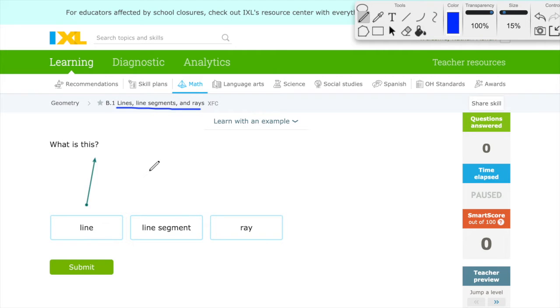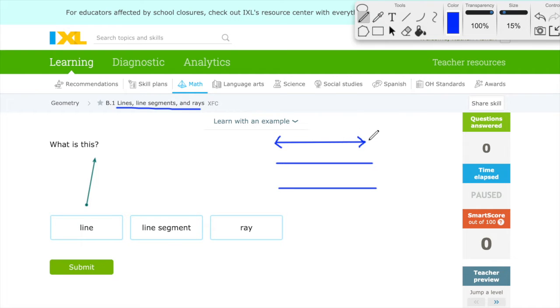So you've probably heard of a line before, but maybe you haven't got super specific with the definition. So basically the difference is, here, let's use this to make things a little bit neater. If we have these three, a line continues infinitely in each direction. So you would see that represented by an arrow on both ends.